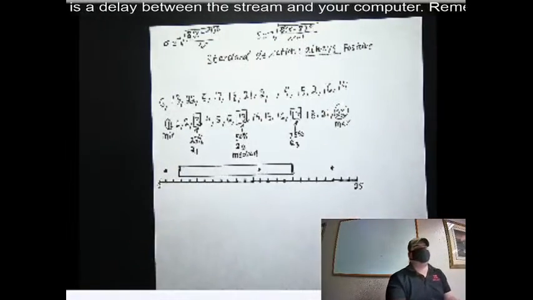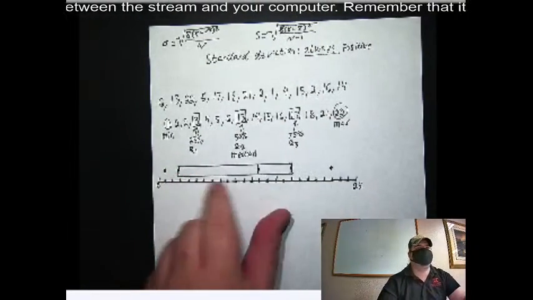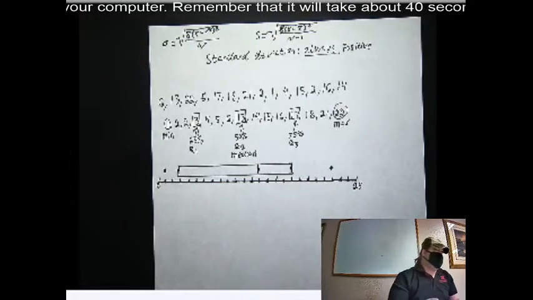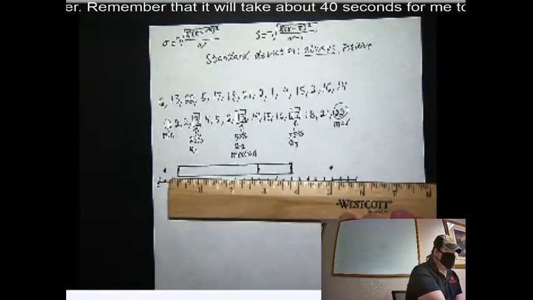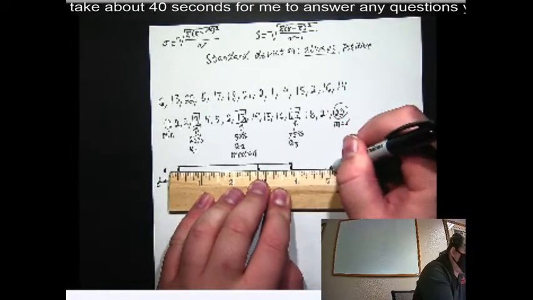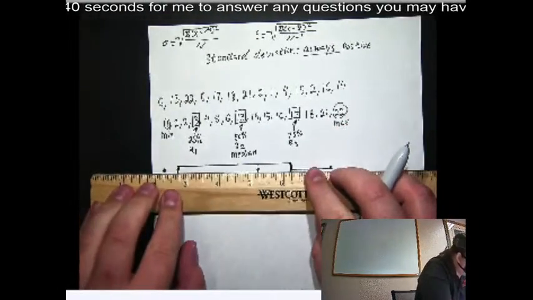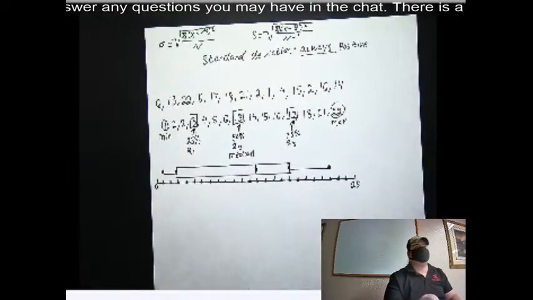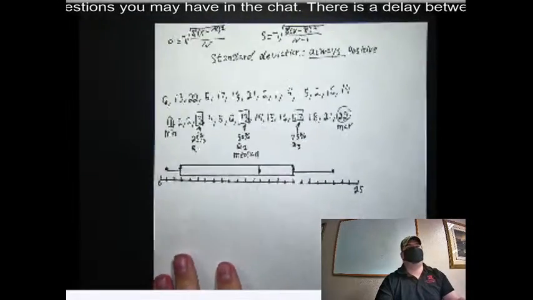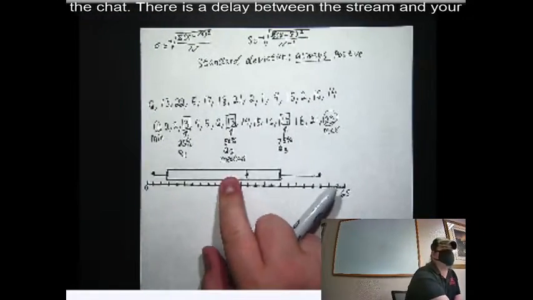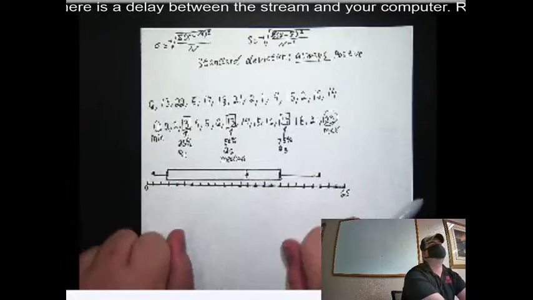Okay, so this box again represents the first quartile to the second quartile to the third quartile. Then from these quartiles, we will measure to the minimum and the maximum. And we now have our graph. This graph is called a box and whisker plot. Here's the box, here's the whiskers.